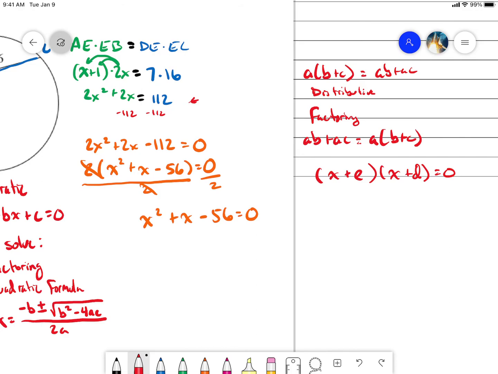Now, just to show you how to find these e and d, because this is the goal, right?